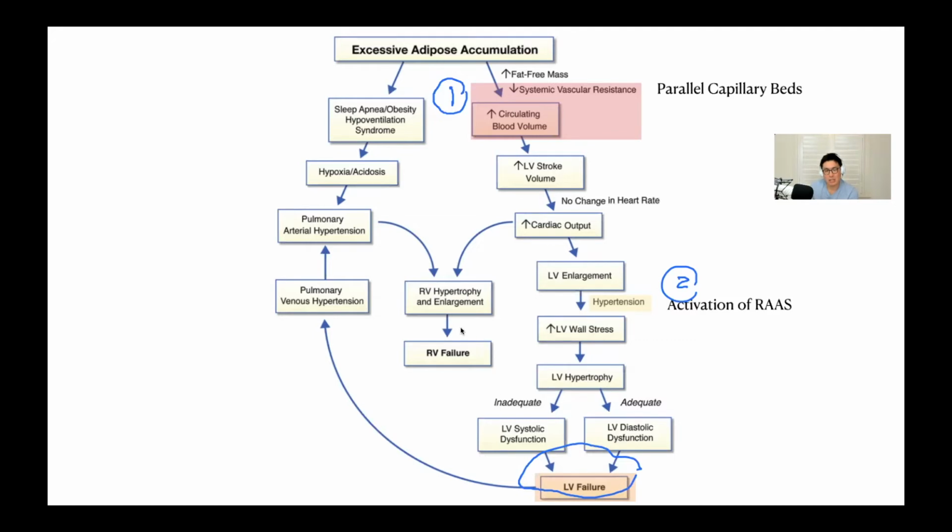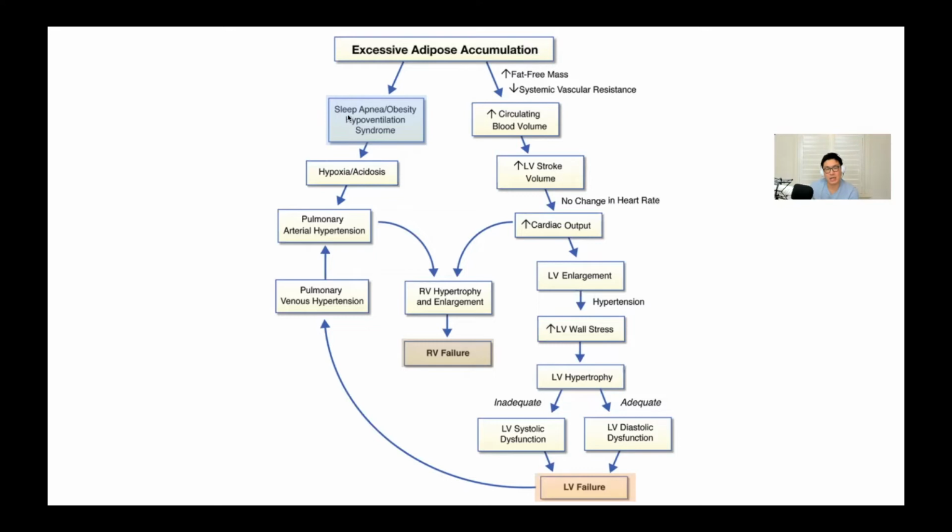Now, the challenge is, how do we get to right ventricular failure? So with right ventricular failure, with excess adipose tissue, you get the association of obstructive sleep apnea and also obesity hypoventilation syndrome, which leads to hypoxia, acidosis, all these things that increase your pulmonary artery pressure.